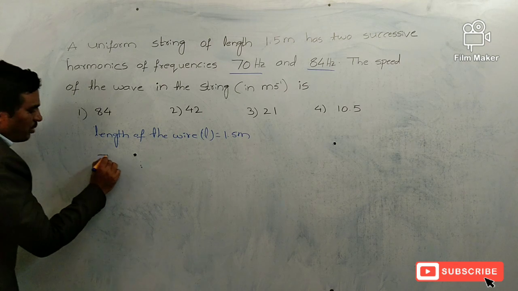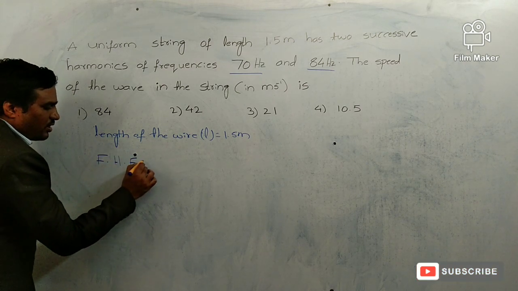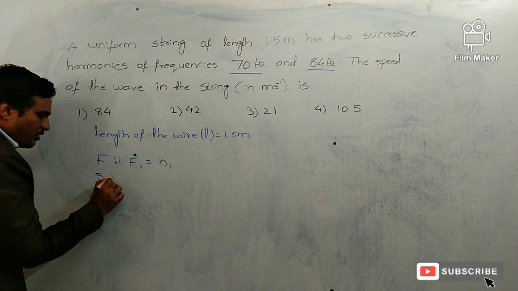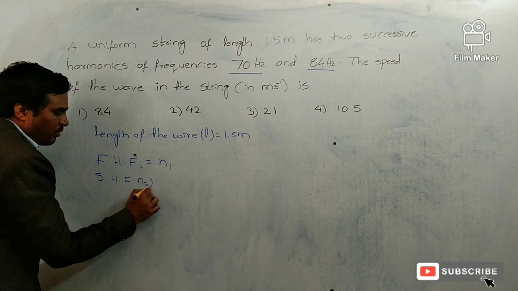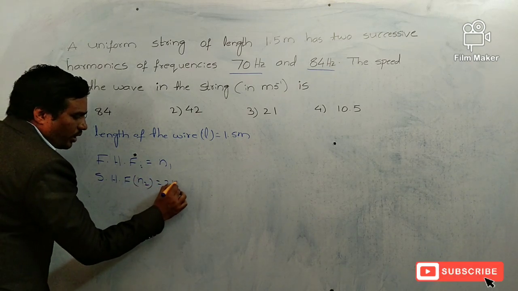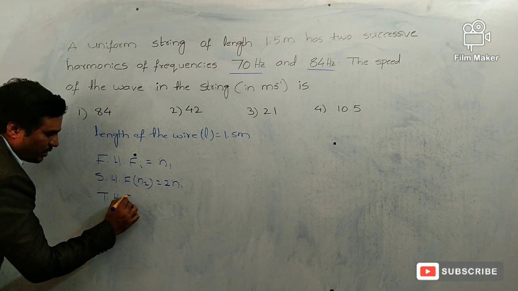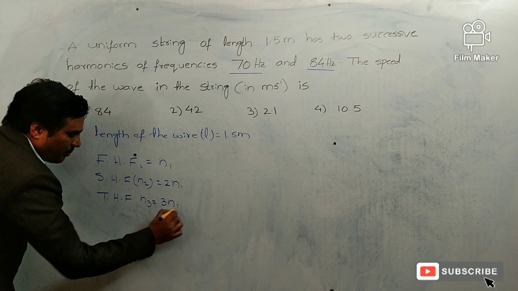Now what is the first harmonic frequency? Suppose the first harmonic frequency is N1. The second harmonic frequency, N2 equals 2N1. Similarly, the third harmonic frequency, N3 equals 3N1.